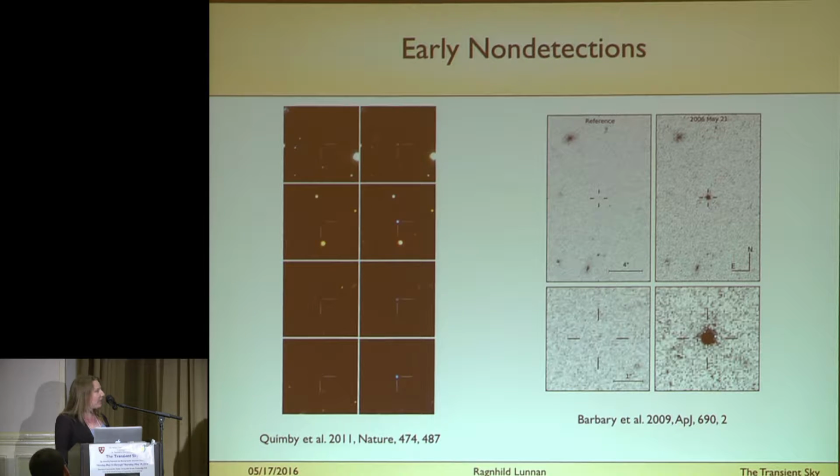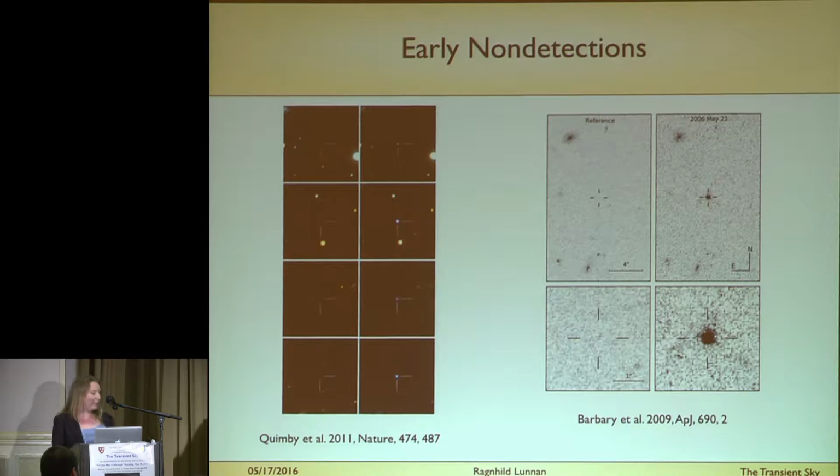So on the left side here, you see a figure from Robert Quimby's 2011 Nature paper. The right-hand column shows all of these supernovae from PTF, and in the left-hand column you see the pre-explosion images, or the Sloan images actually, and there are no galaxies there detected in Sloan. Well, sure, you might say, okay, SDSS is not that deep, whatever, so there's probably some dwarf galaxies there.